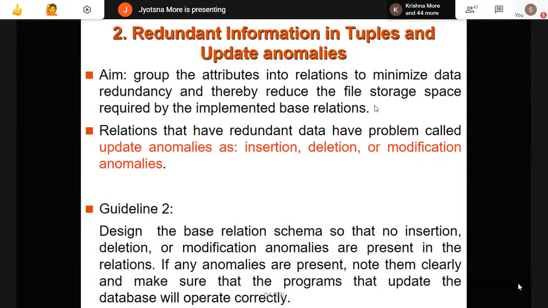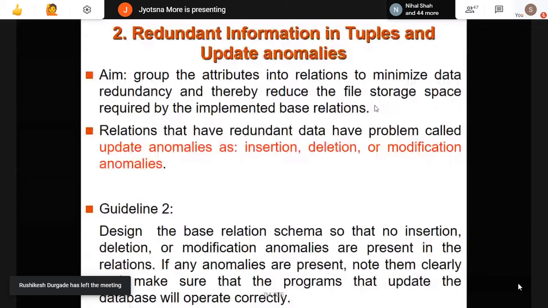So the guideline is to design the base relation schema so that no insertion, deletion, or modification anomalies are present in your relation. See to it that you avoid duplicate information. If any particular relation can act as an attribute in another relation, add it there. Remove the relation which can act as an attribute, and remove duplicate attributes and duplicate relation names.